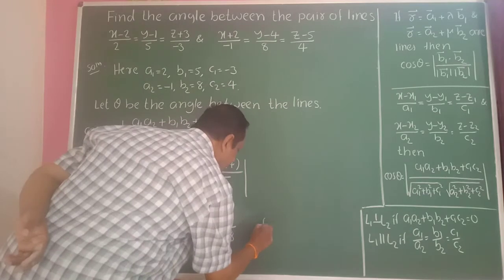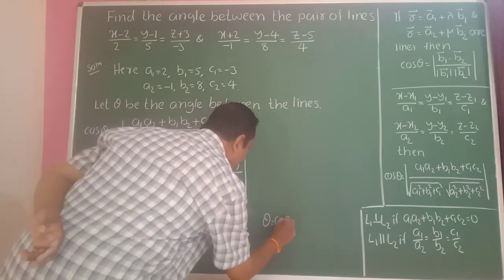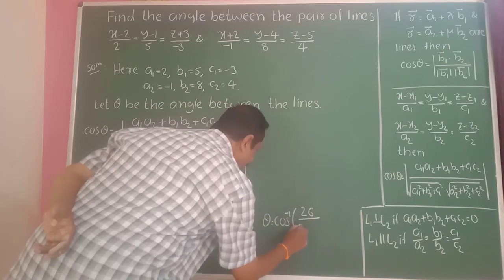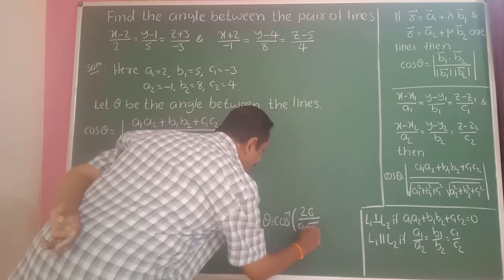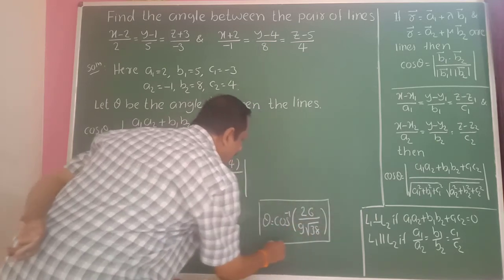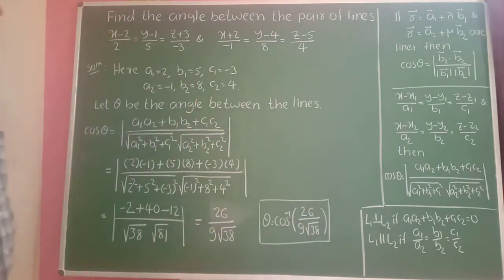Therefore, theta is equal to cos inverse of 26 divided by 9 root of 38. So this gives the angle between the two lines.